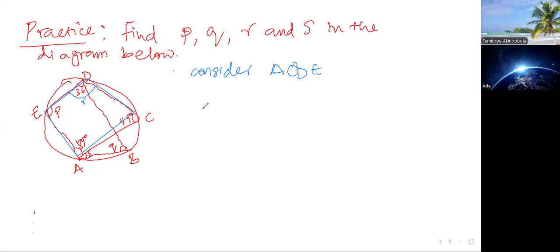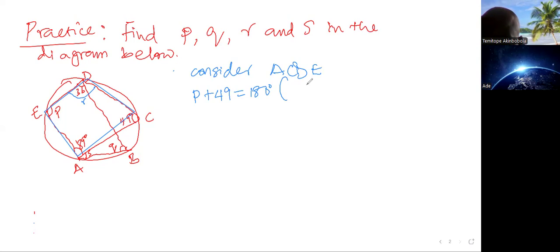So if I consider that, I'm going to say P plus 49 equals 180 by what now? The theorem that we are using. What's the theorem again?